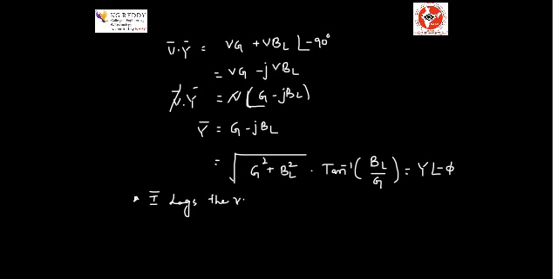Now in the resistor, current is in phase with voltage. So in a resistive circuit, I bar is in phase with voltage.